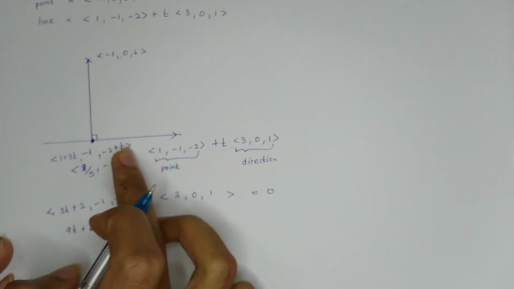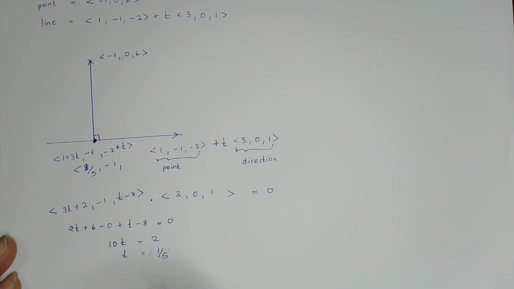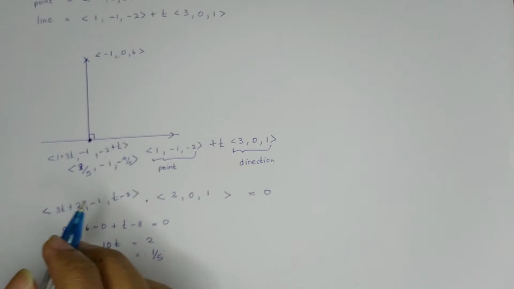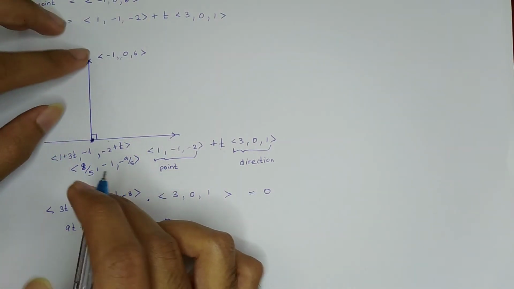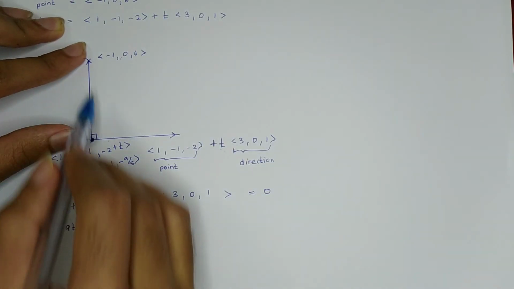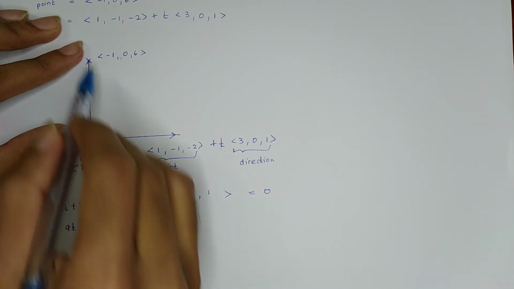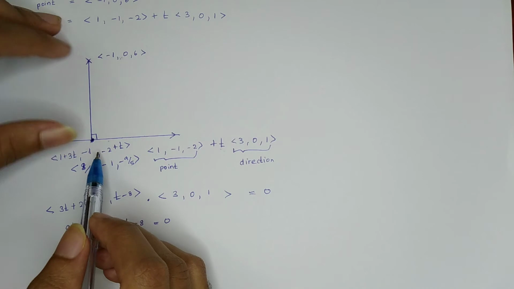If I substitute over here, minus 2 plus 1 by 5, it's going to be minus 9 by 5. So now I have 2 points over here. I know the starting point and the ending point. From that, we can directly find the length of this. If I know 2 points of a line, we can directly find the magnitude of that line portion.